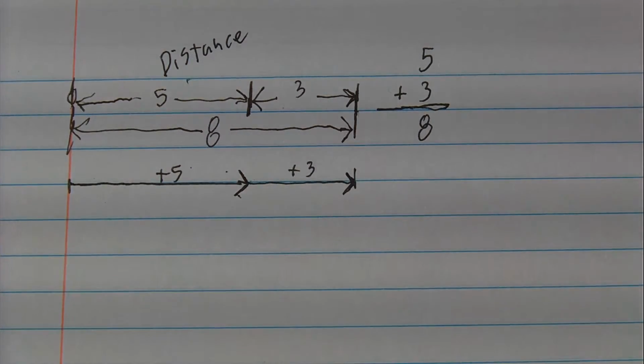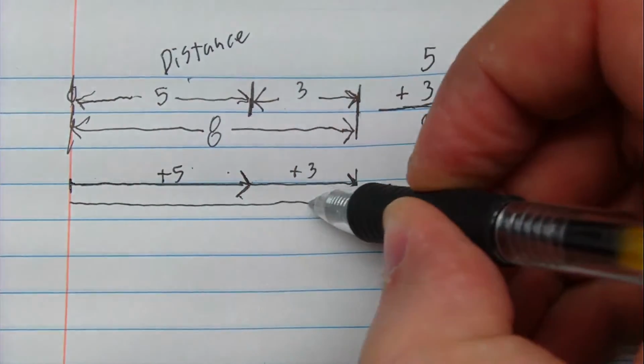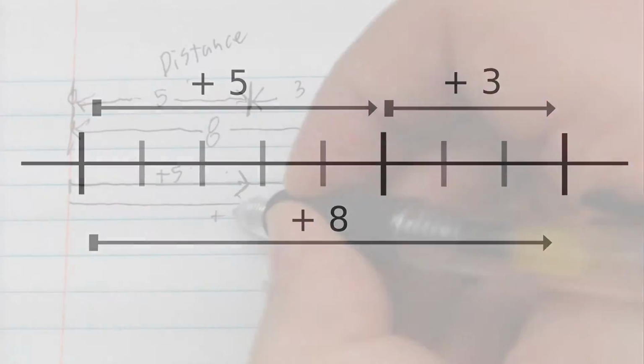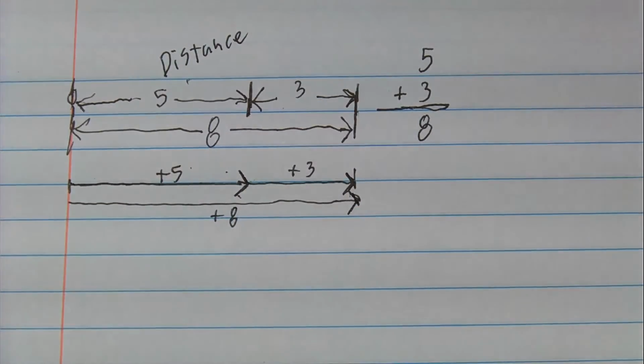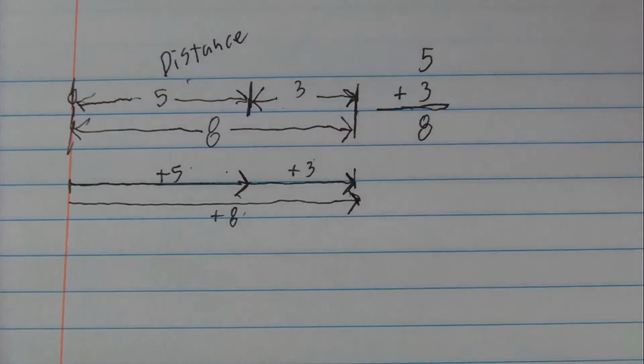I'm adding 2 vectors of plus 5 and plus 3. And the result of that is going to be a positive 8. So a positive 5, positive 3, and a positive 8. And that ends up lining up.